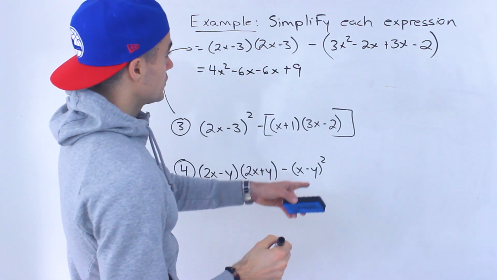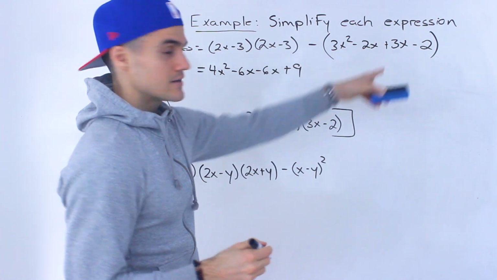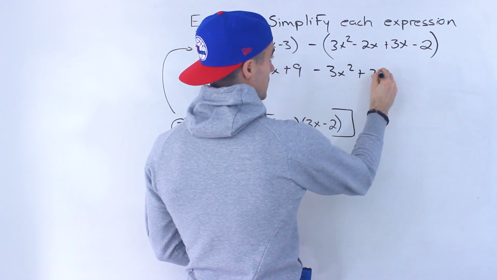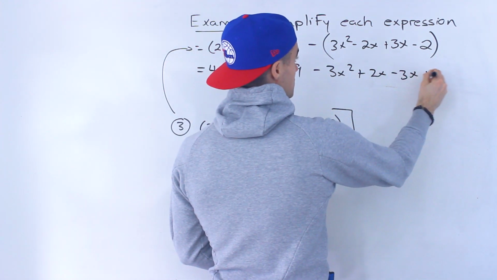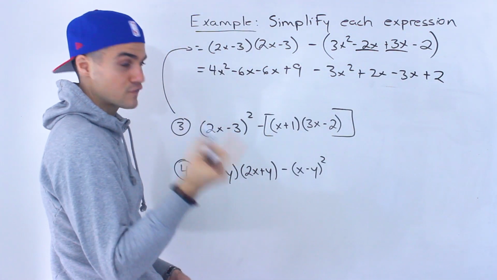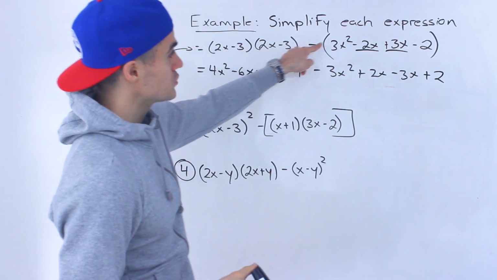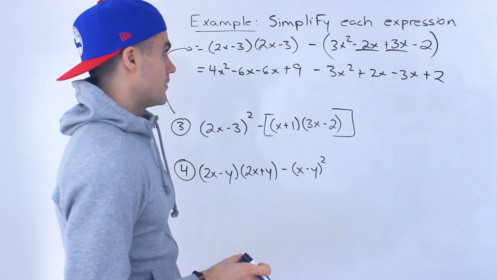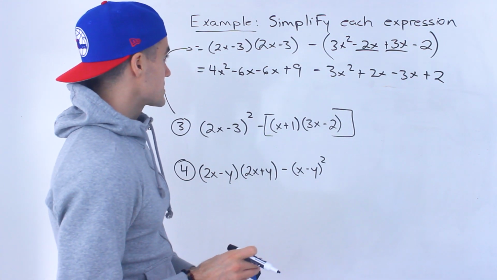And then from here, what you could do is distribute that negative inside this bracket. So we would have minus 3x squared plus 2x minus 3x plus 2. Another thing you could have done is simplify these two in the bracket first before distributing the negative. Maybe that would have been actually better. But either way, you're going to get the same answer.